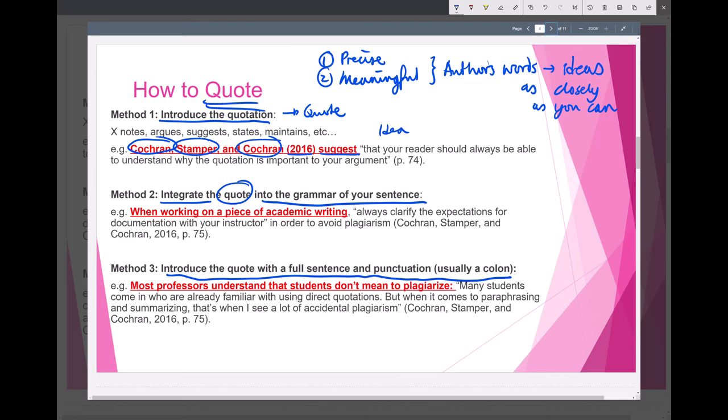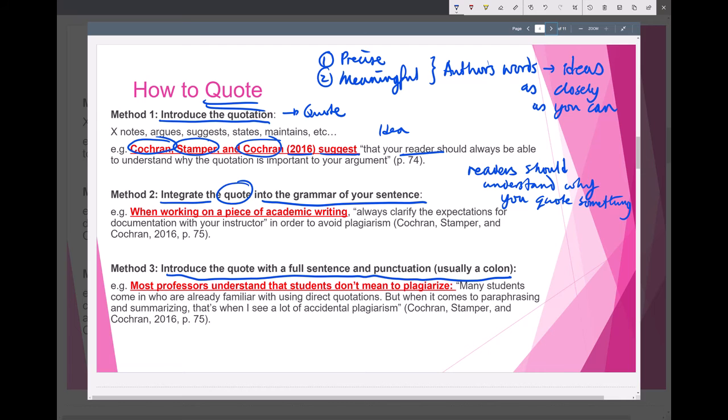Now, you may try to paraphrase this and say, okay, readers should understand why you quote something. Okay, so I just gave it a quick try in paraphrasing this.